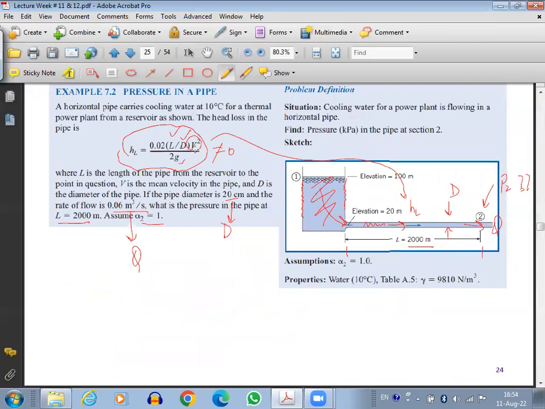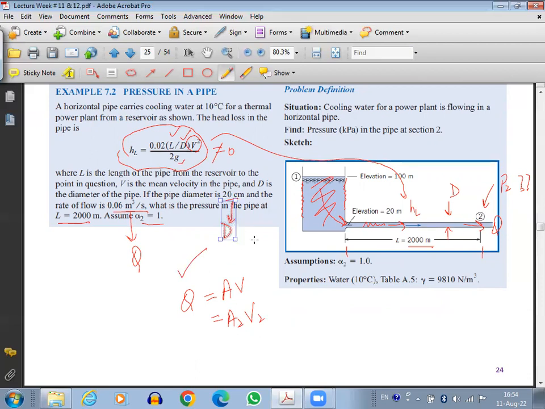But another information that we have is Q, volume flow rate, and we know that Q is equal to AV, or you can say A2 V2. So if we know Q, and we can find A2, why? Because we know the diameter.